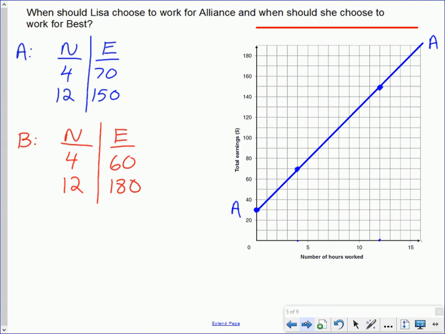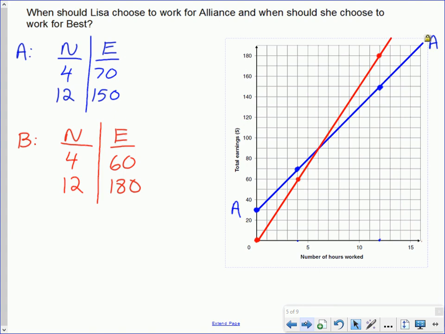So we can graph those points, 4, 60 right here and 12, 180 all the way up there. And we had one more point. We knew that the initial value was at 0. So let's draw a straight line through those points, one right there, and adjust this one so it goes through all of those points, just like that.